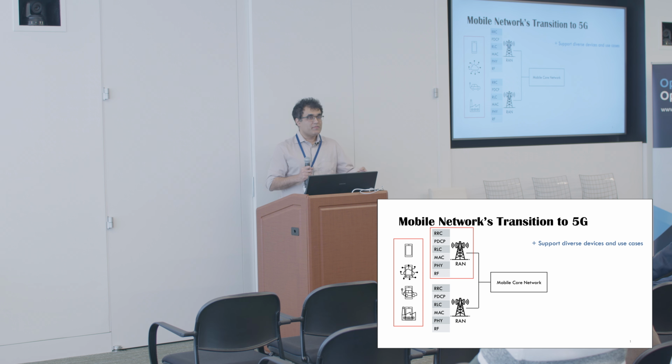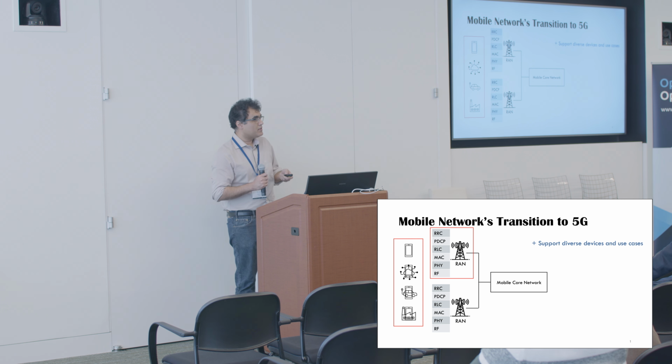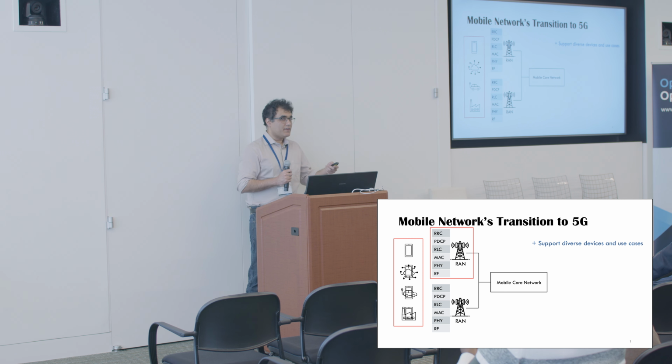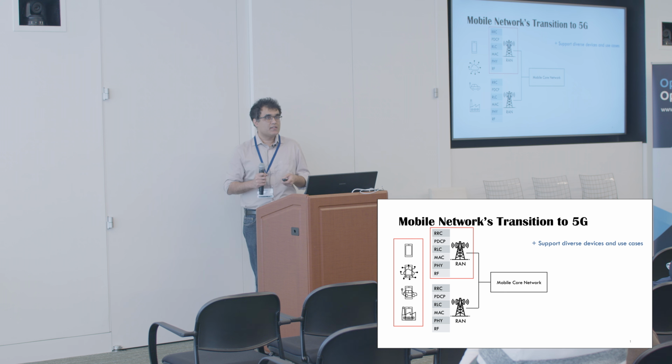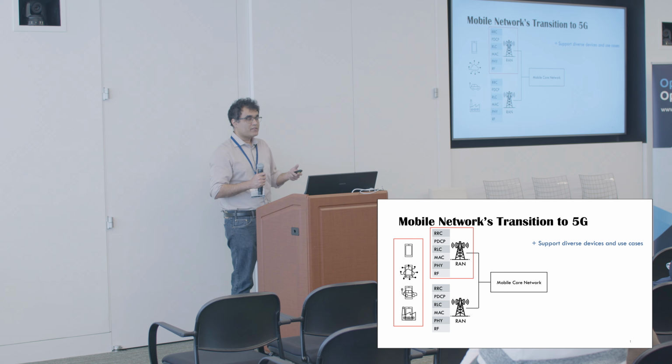Now they are actually being supported by 5G, right? And the radio access network, or RAN, helps these devices connect to the internet and get the services. Now with this wide variety of applications and services, there is a requirement for diverse traffic.